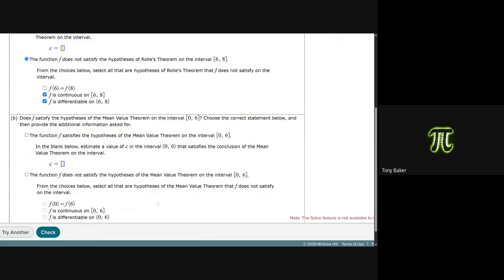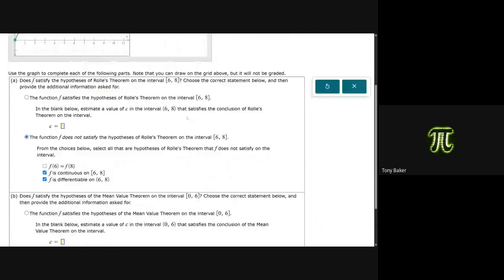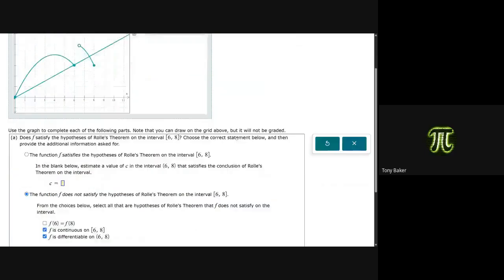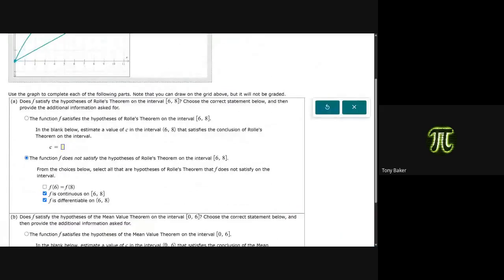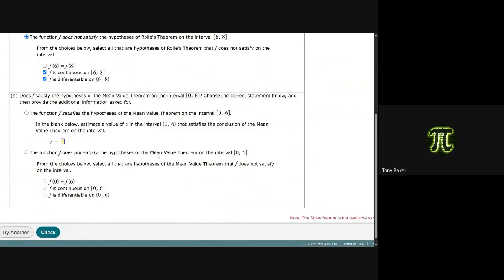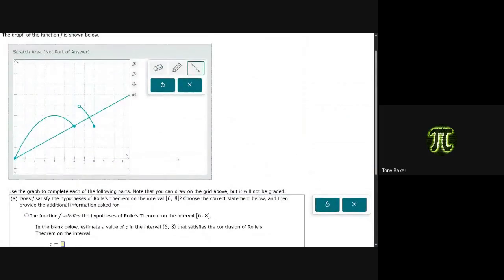All right, now they want you to do the mean value theorem from 0 to 6. So from 0 to 6. So we're looking at, and you can draw on this, which is nice, 0 to 6. So the 2 things for the mean value theorem are continuous and differentiable.